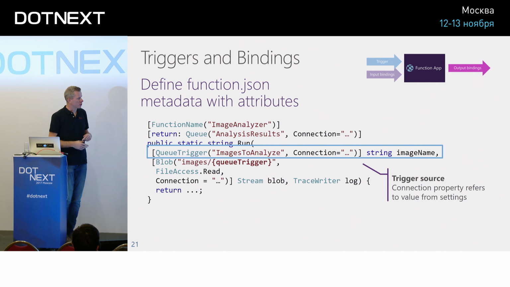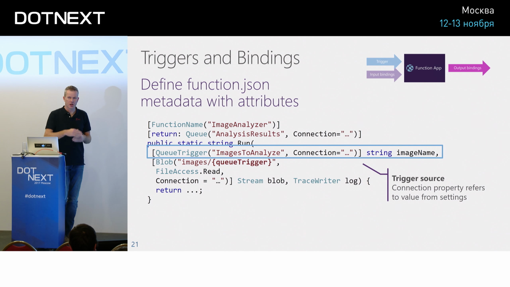You'll define that in a separate file. Then you have string image name. Since you indicated that you want to receive input from your trigger, which is a message on a queue, and you say it's a string, if the content of the message on the queue is a string, it will be put inside of image name. Otherwise, it will error out. But you'll probably know what to expect on a queue where some application is putting something, like the name of something, and you can use that.